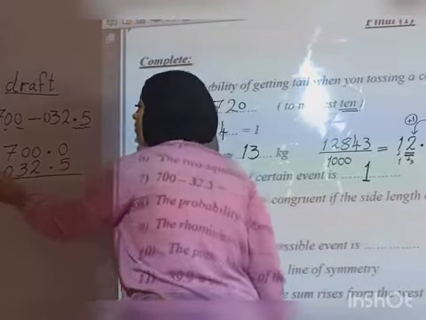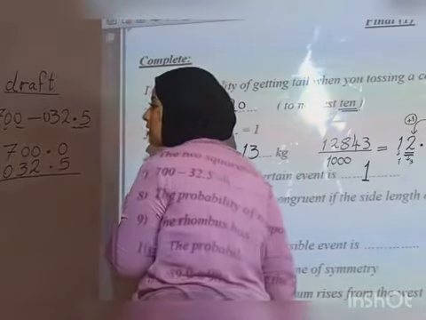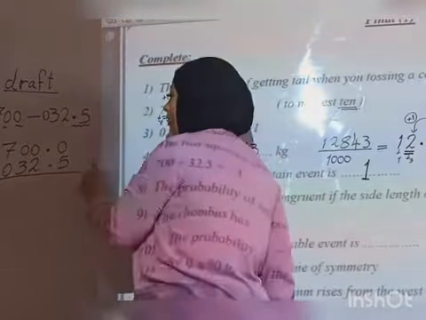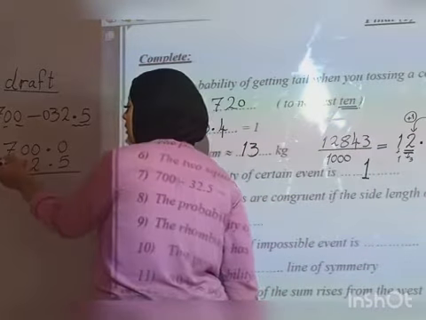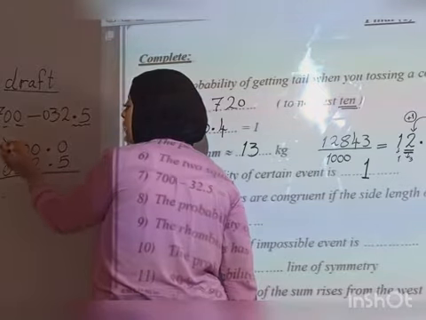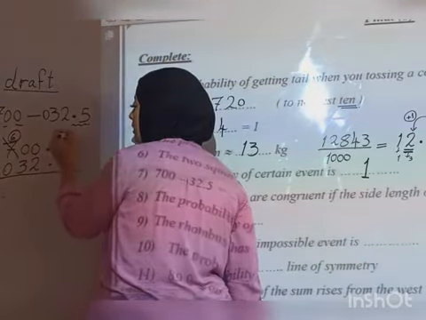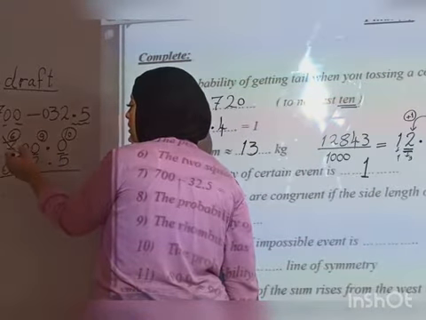Now we have equal places. 0 minus 5. We can't take 5 from 0, so we borrow 1 from 7. 7 will be 6. Then this 0 will be 10, and this will be 9, and this will be 9.